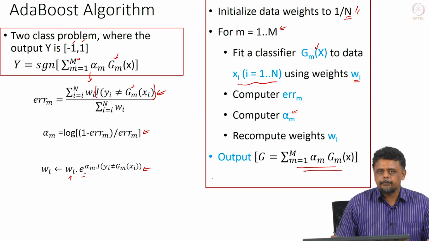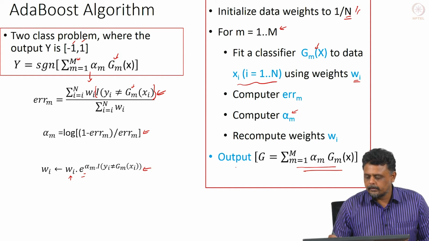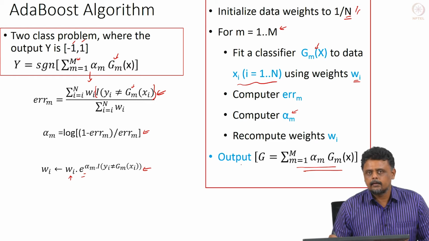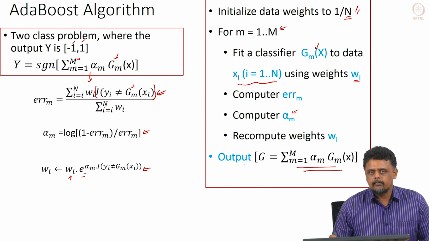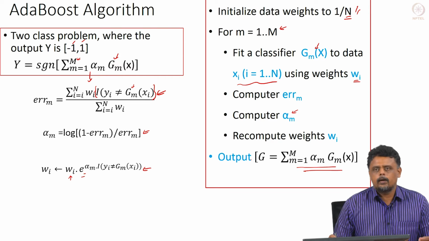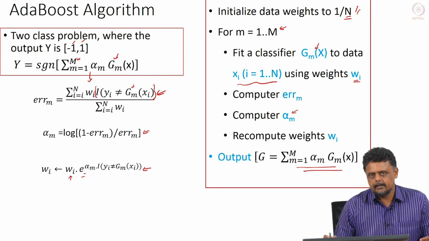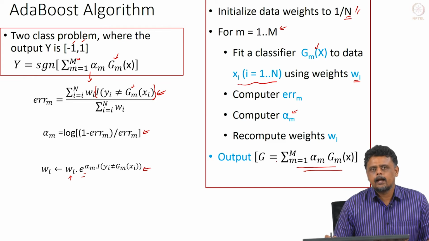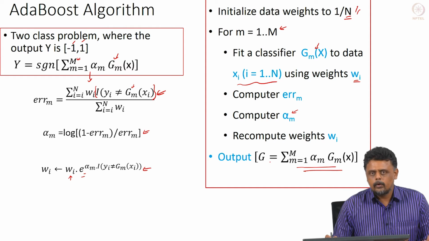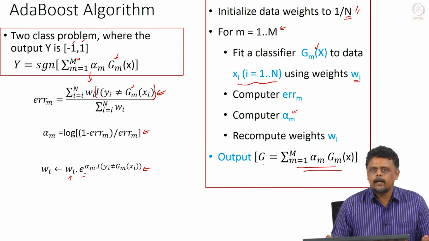Okay. So, this is just the algorithmic summary for what we saw earlier in an illustrative form. In every iteration you fit your data to what is called a weak learner or a weak classifier. And you look at all the data points that have been misclassified, and you assign higher weights to those data points.